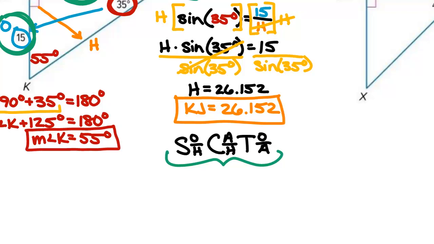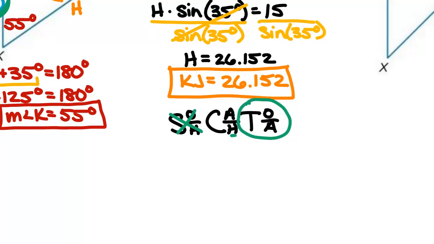Which one of these do I have to use if I know the opposite and I want the adjacent? Tangent. Since I want the adjacent, I can't use sine at all because it doesn't have the adjacent in it. And I don't want to use the hypotenuse that I just found. I want to use the information that they gave me, which is the opposite side.